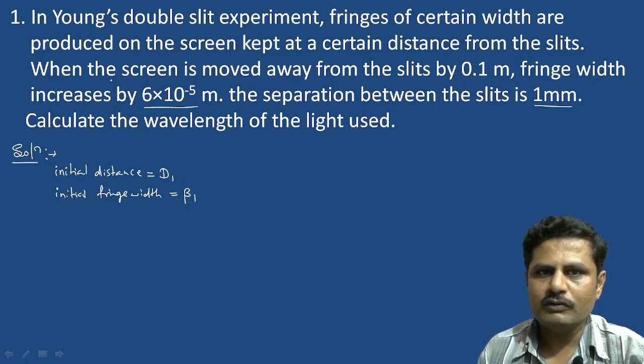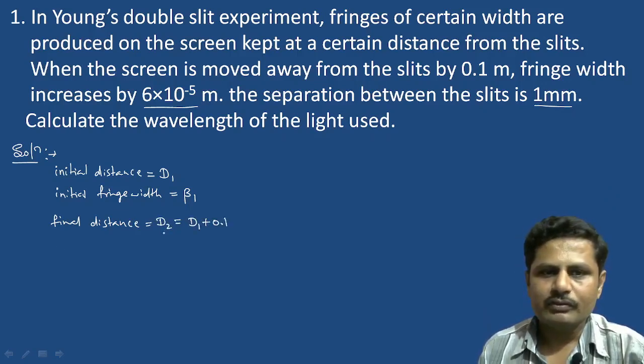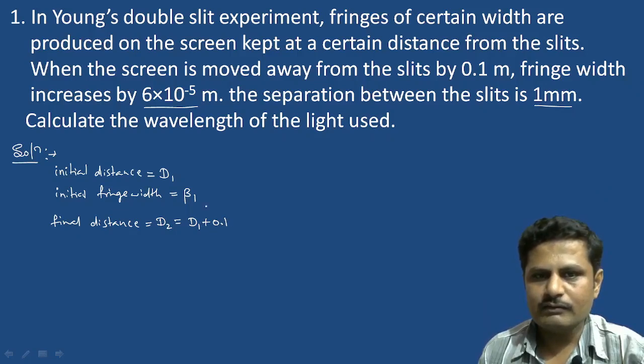Now, when we move the screen away from the slits by 0.1 meter, we get the final distance, which will become d1 plus 0.1 meter. When we increase the distance like this, the fringe width increases by 6 into 10 raised to minus 5 meter.